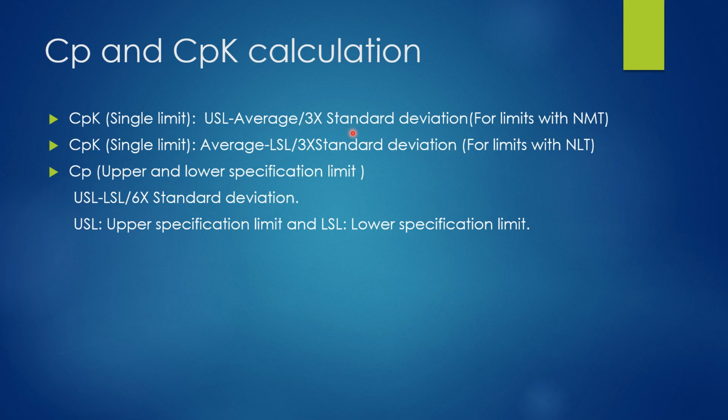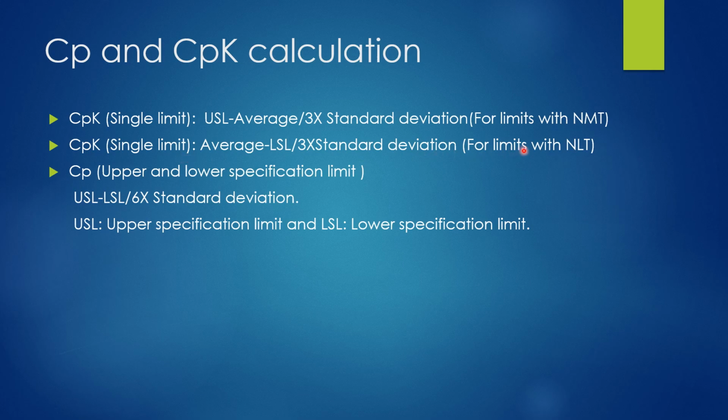which I got through the calculation. That is CpK for a single limit. So CpK is calculated mainly for the single limit as well as for the upper and lower specification limits by using these formulas.